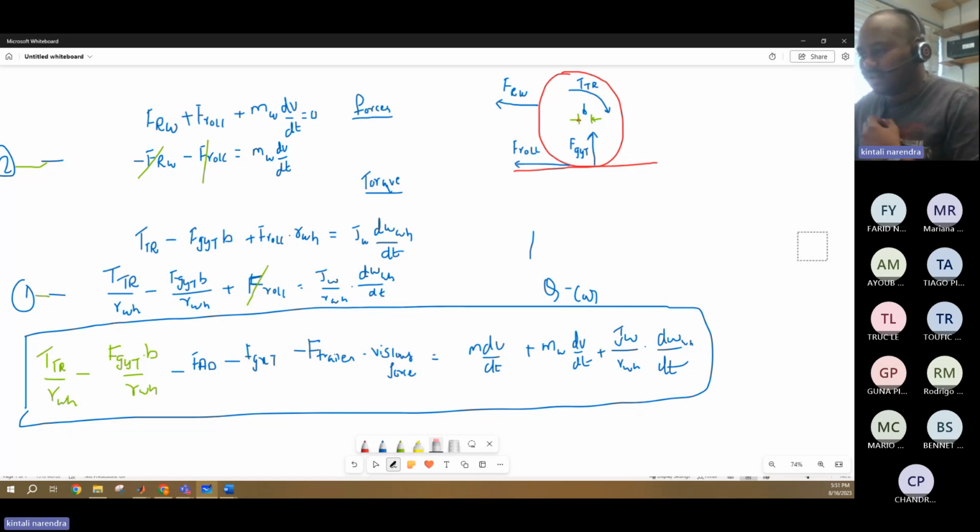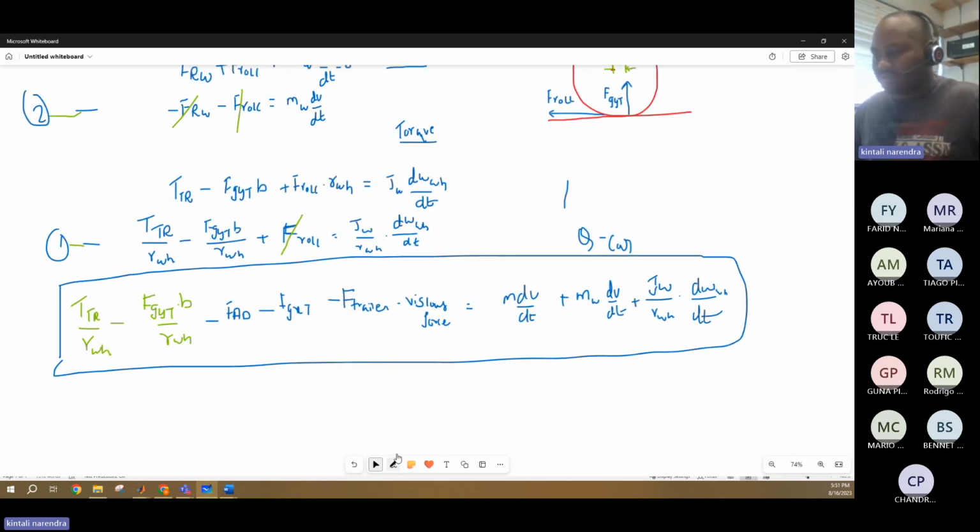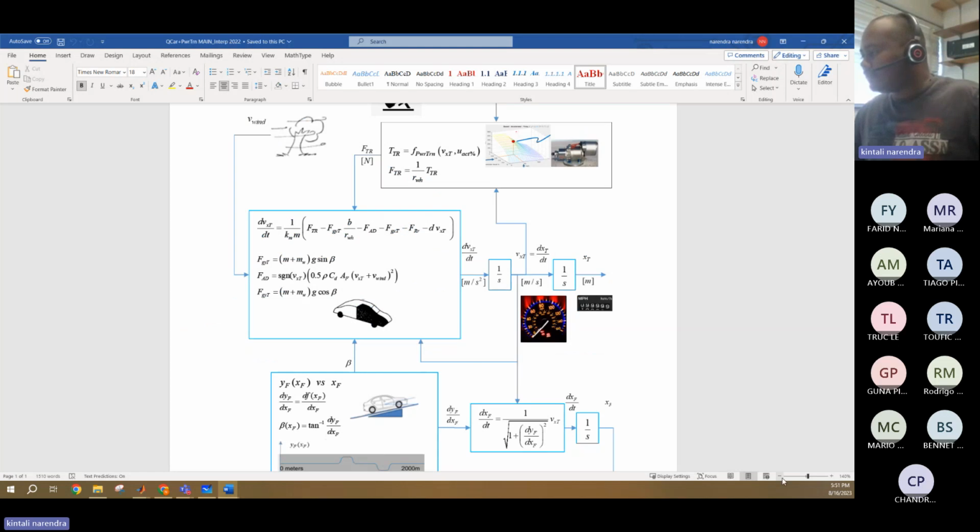I need to check that, but this is the same equation, guys. The equations are the same. You can compare. Now our aim is to build this model.